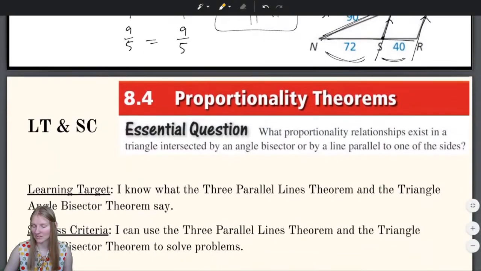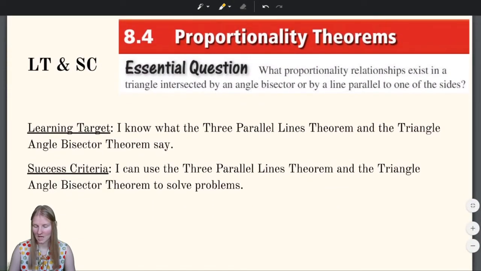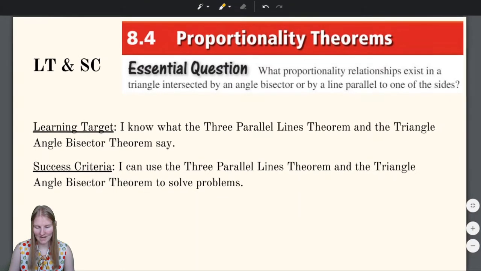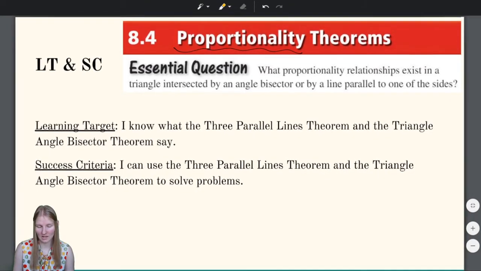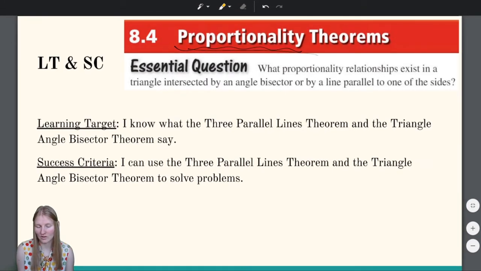Now, let's see what we have for today. Today we're going to finish up section 8.4. We're going to learn about some more proportionality theorems, other places where we can find proportions, either in a triangle or with parallel lines and transversals.